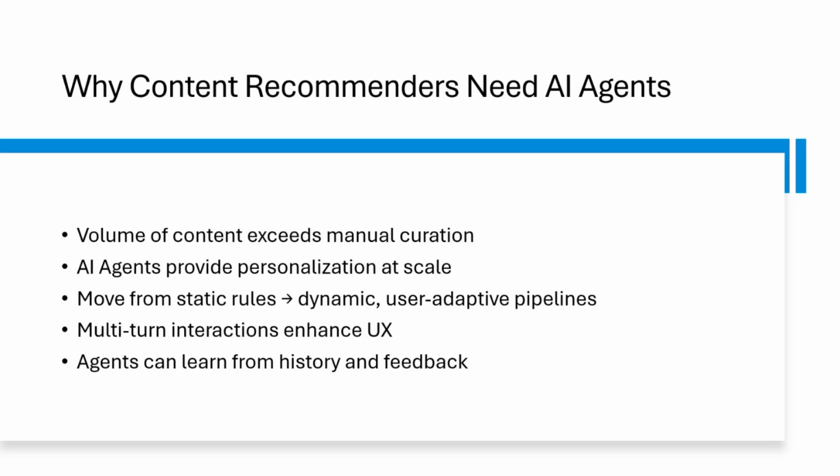So let us start with why content recommenders need AI agents. We know what content recommenders are, but why do we need AI agents to do that? Currently, we are overloaded with a lot of content. Not just now, but it's been more than 10 years since social media came into the market. So we get to see a lot of videos, articles, products, and stuff, which means we are producing data on a larger scale.